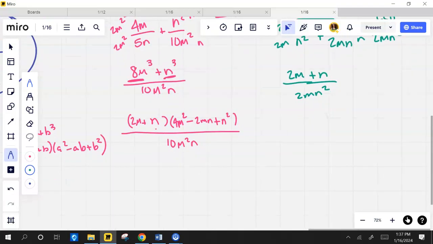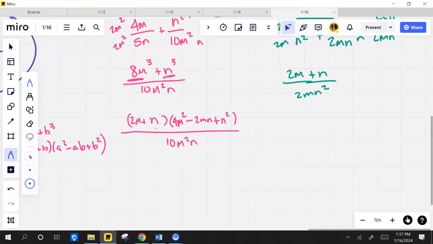All right, let's put them together. I'm going to take the top and I'm going to multiply and I'm just going to flip this one over. Look at here. That cancels. Almost always, yes. For you right now, yes. 2 and 10 would give me 1 and 5.